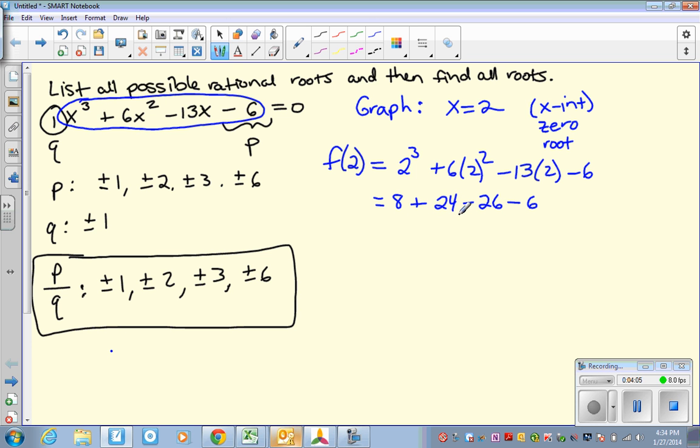And this is 32 minus 32, which is 0, which means that 2 is a root, and x minus 2 is a factor. Now, you don't have to write this all the time, but I just want to emphasize that this is what it means. So now that you know one of those roots, you can actually go ahead and do synthetic division.